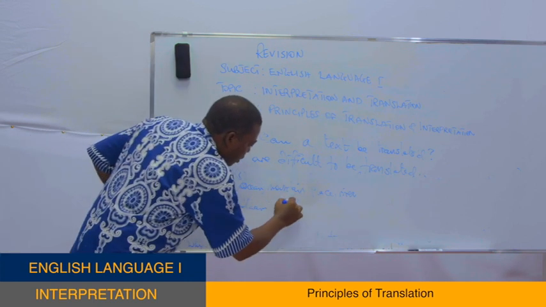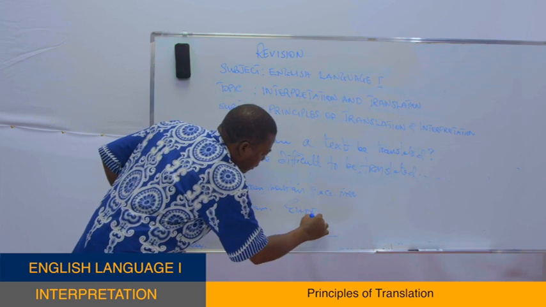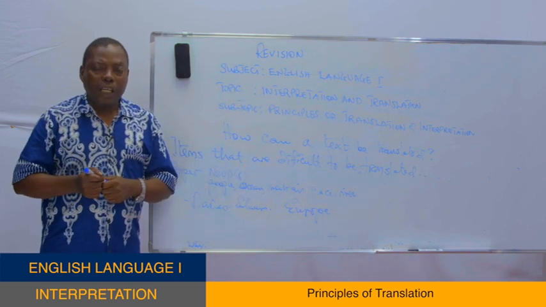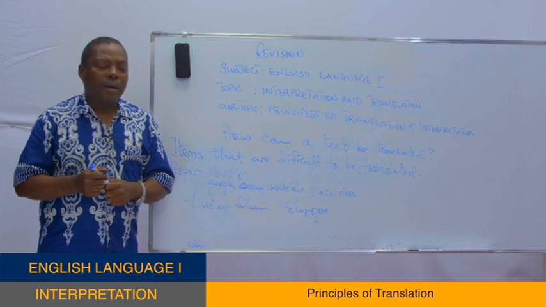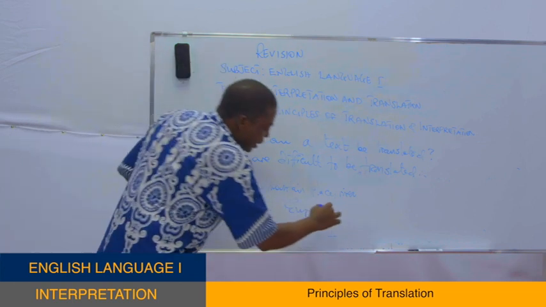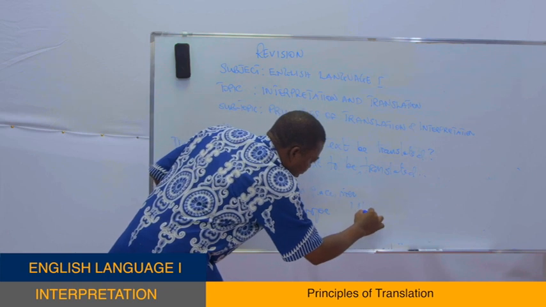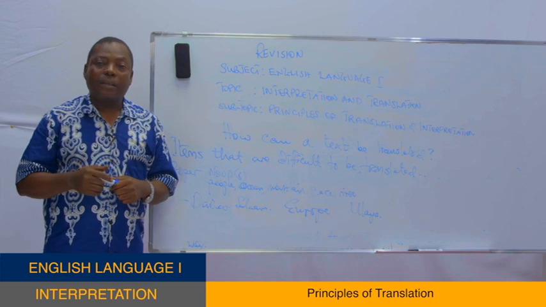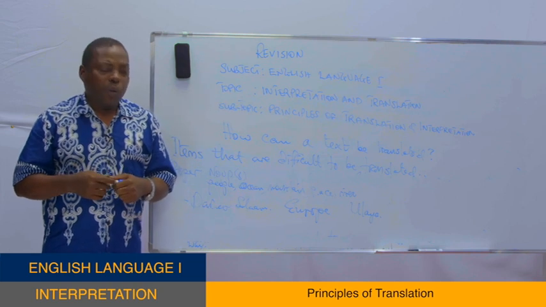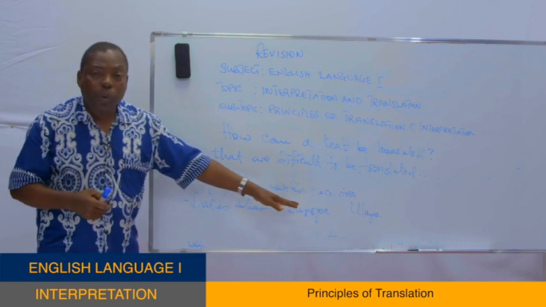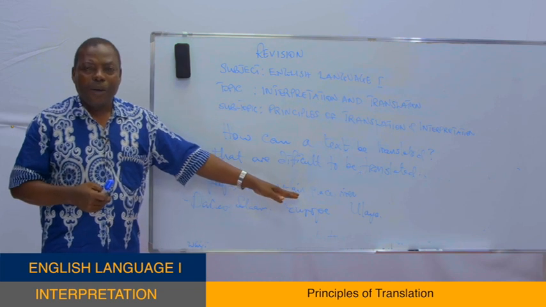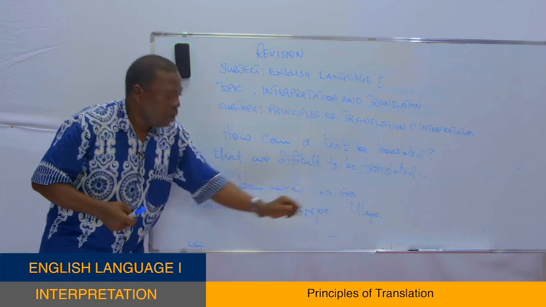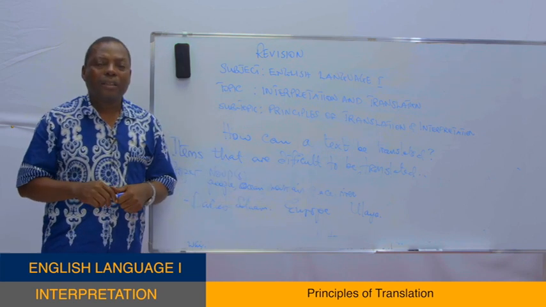For example, you have this word Europe. It's a continent. But the same continent in Kiswahili, some other people refer to it as Ulaya. So when you come across the word Europe in your text, do you have to translate this word into the word Ulaya?